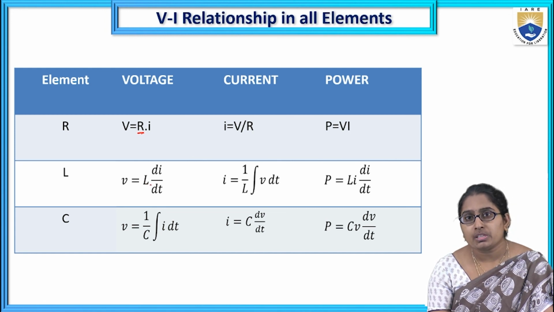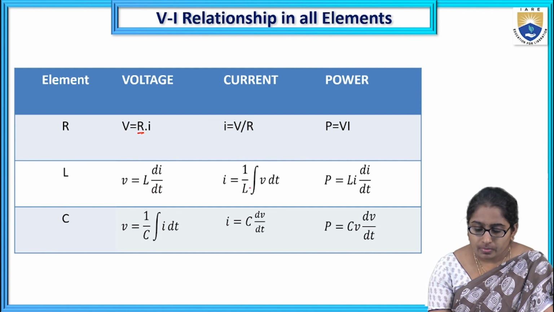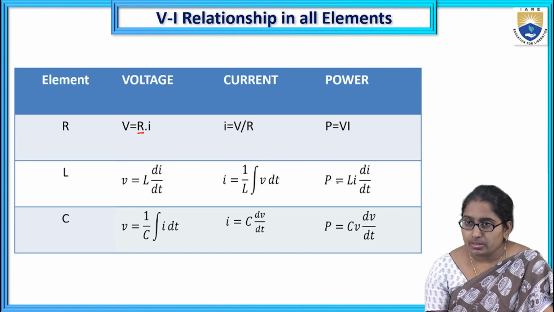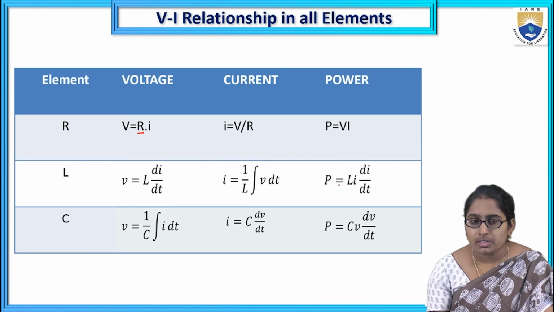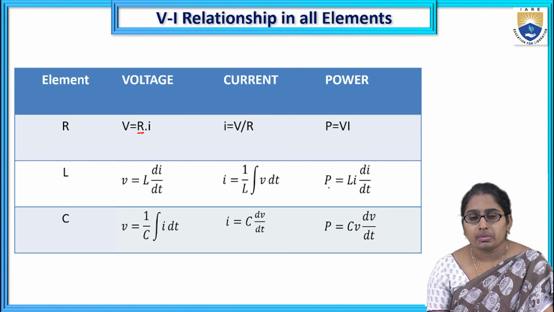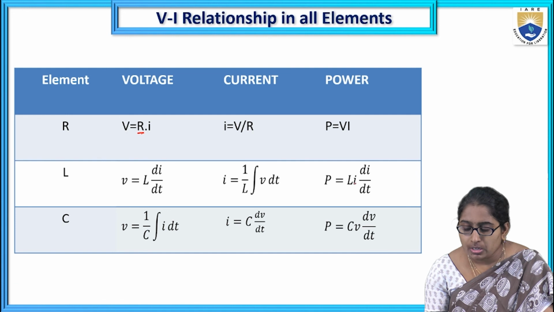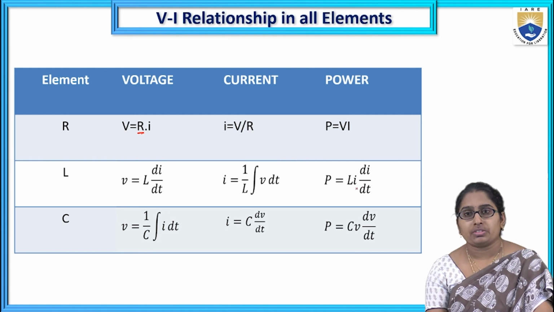Remember, an inductor opposes sudden change in current. From that, the current equation is written. Then power: if you remember the voltage-current relationship, the power equation is automatically remembered. Simply the product of V and I, substitute for V, and you will get the power equation.